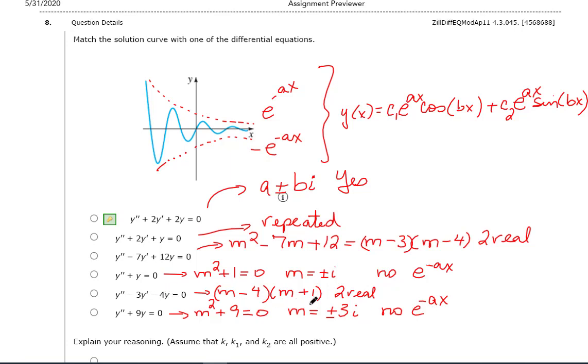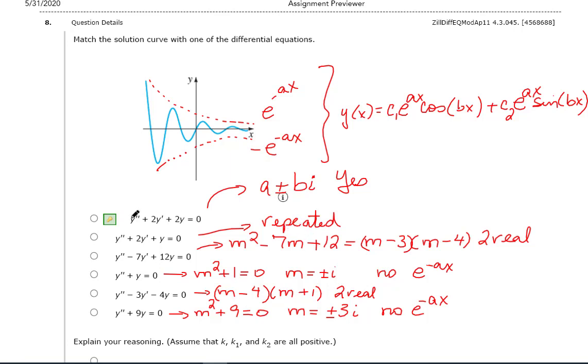This one has two distinct real roots, so no. This one has m squared plus 1 is 0, so again only an imaginary part, no decreasing exponential. This piece has again two distinct real roots. This one is m squared plus 2m plus 1 is 0. So it's a repeated root.